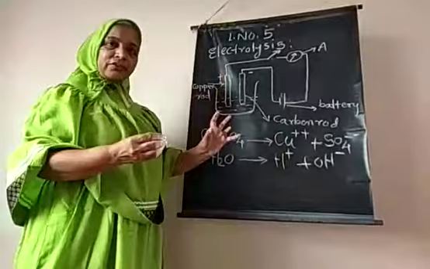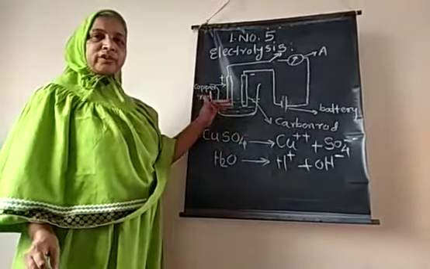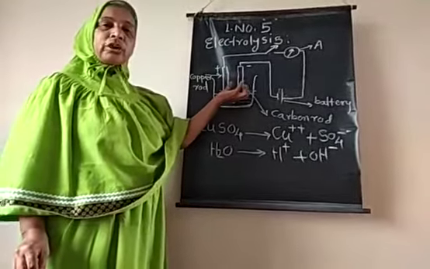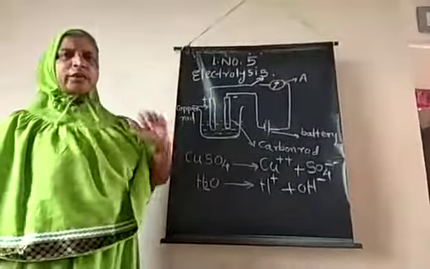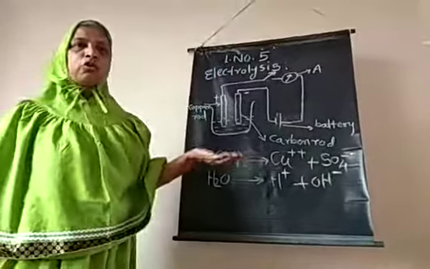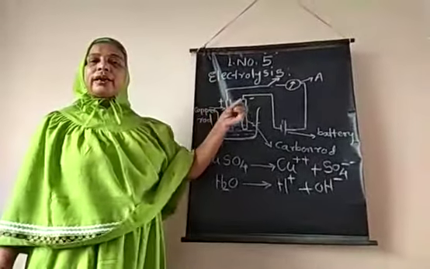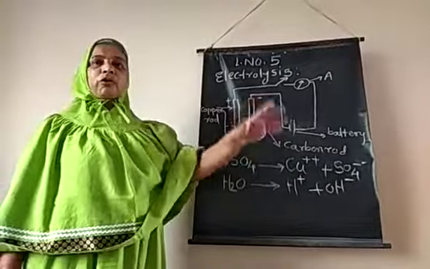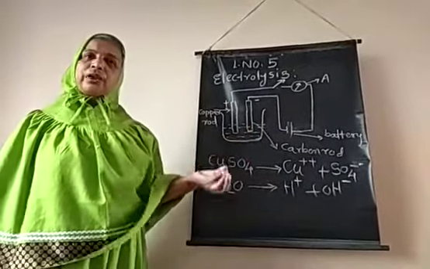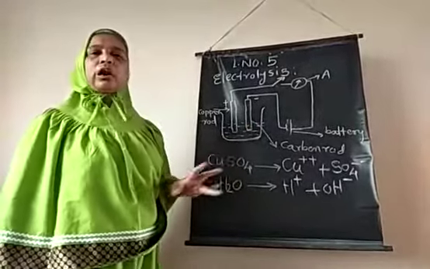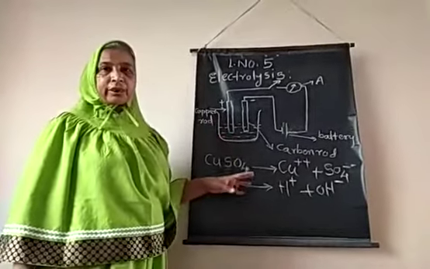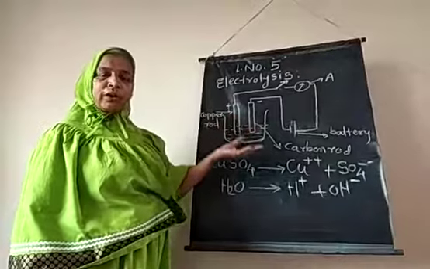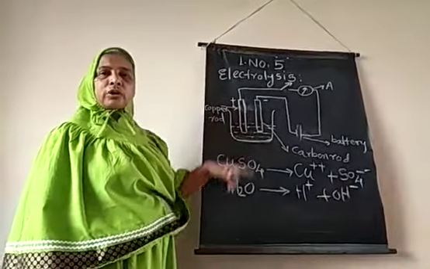In the two gas jars, when the electrolysis of water is completed, hydrogen and oxygen gas are filled. So in this way we can detect that electric current passes easily through tap water also. It means the water we use is a good conductor of electricity, as shown by this experiment. Oxygen and hydrogen gas are given out when electrolysis of water takes place.